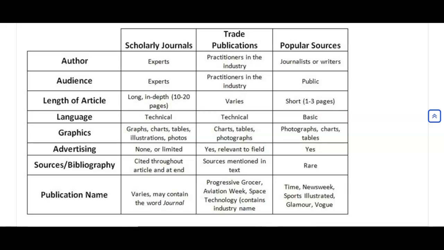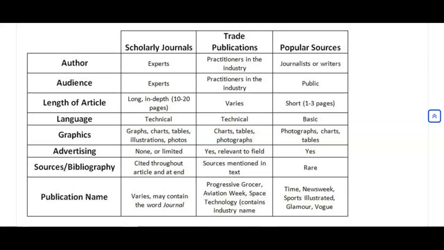Other professionals in my field will read the article anonymously, and look at my methods, make sure my experiment was ethical, things like that. And then if they give it the seal of approval, it gets published. So peer-reviewed articles are a step above even a scholarly journal article because they've already been vetted by an expert for you. So a professional, an expert has said, yep, this is a good one.